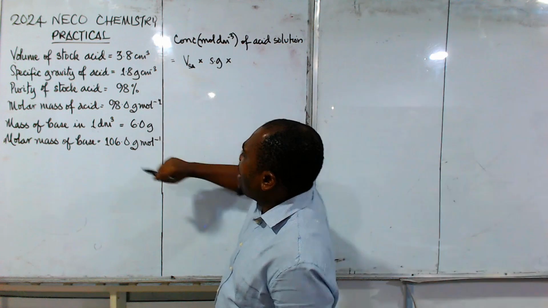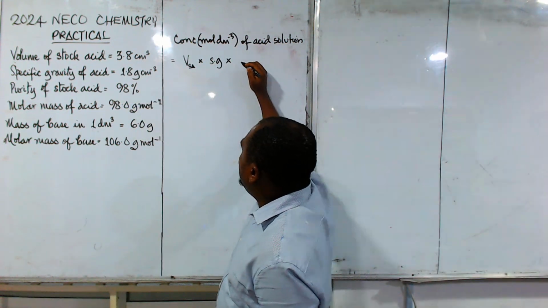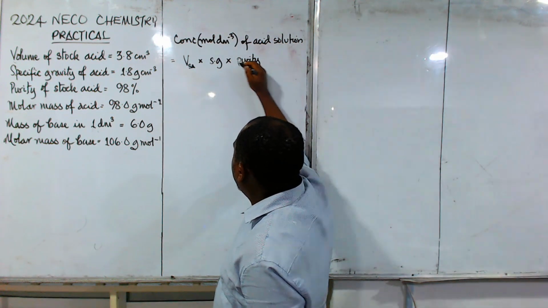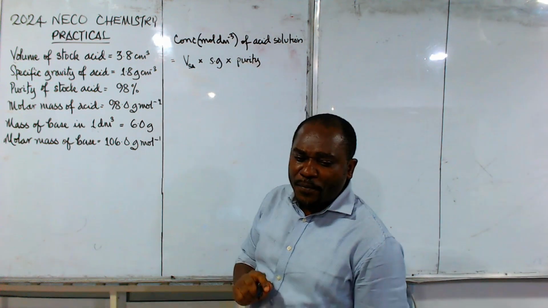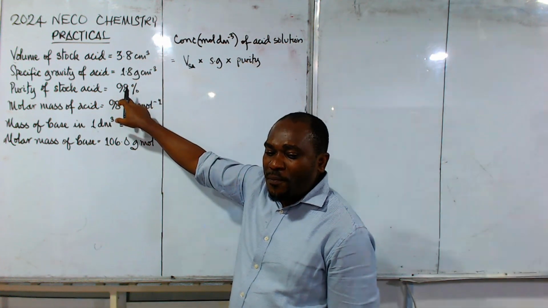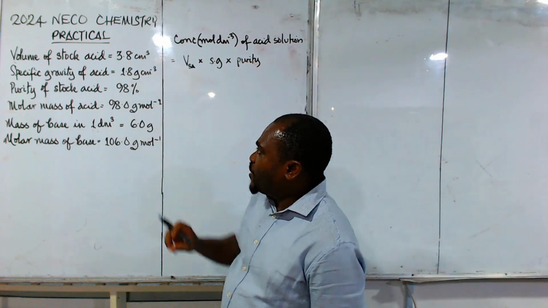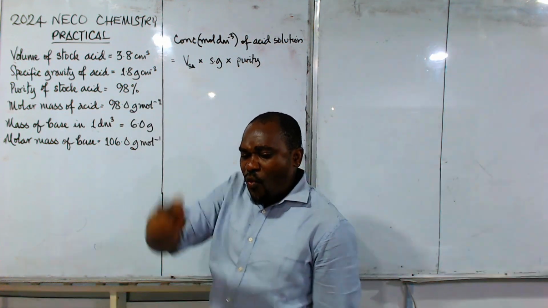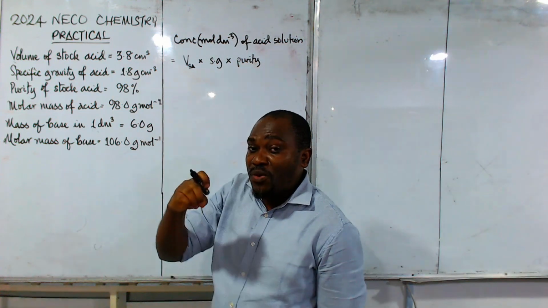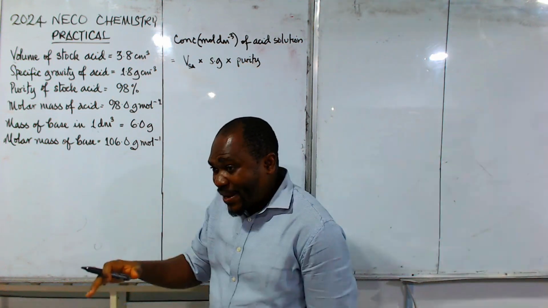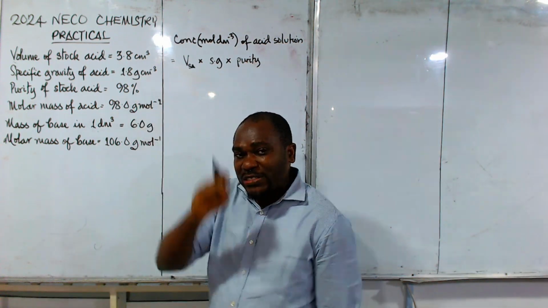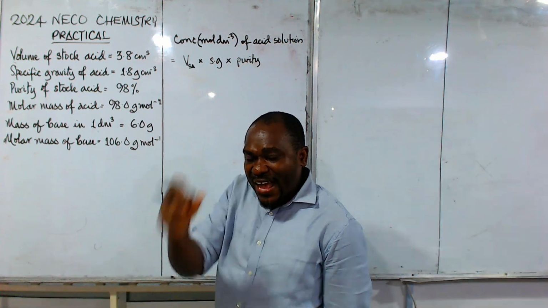Then after that, we multiply this by the purity. And what is the purity here? 98%, right? It tells us that if you take 1 cm cube of that acid, it is not completely the acid. 98% of that 1 cm cube is the acid, right?